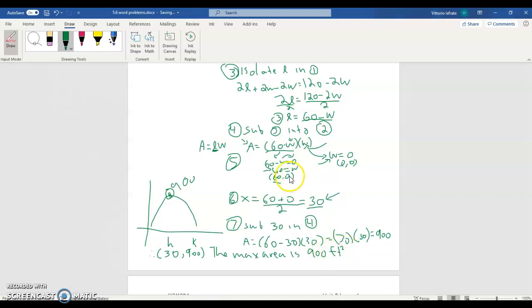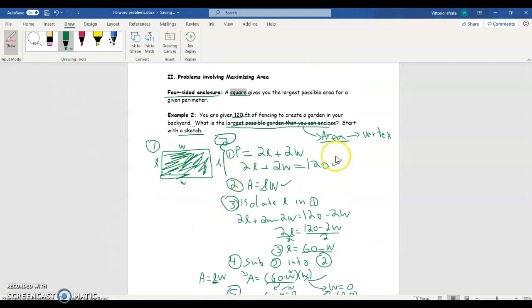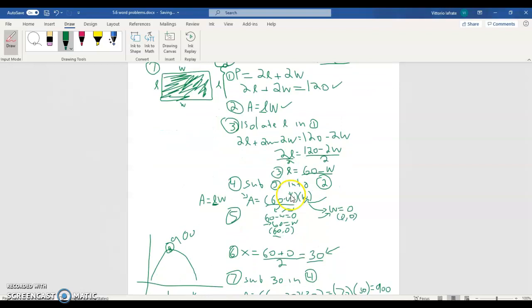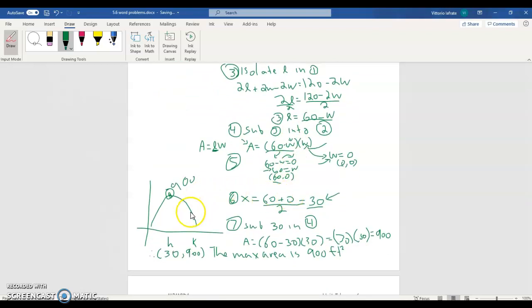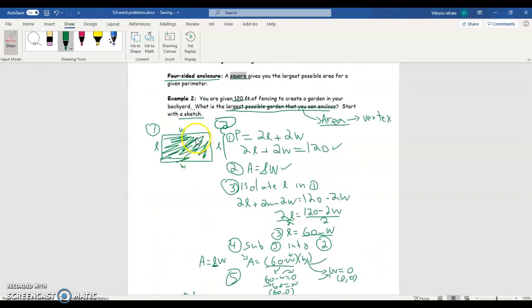We use feet here instead of meters, but that's the process for this maximum enclosure given to you. And so it kind of worked out. If you look at this carefully, the width is 30, so that would be 60, and that means this must be 30 and 30, which coincides to being a square. So we saw how to maximize surface area.